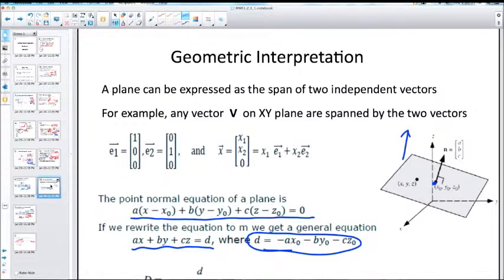So what I'm saying is one equation corresponds to a plane in geometry. 3 equations will map into 3 planes in space. To solve the system of equations, you really try to find the common point in all three planes. This common point may or may not exist, depending on the orientation and the position of the three planes.